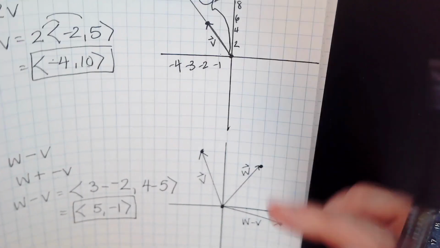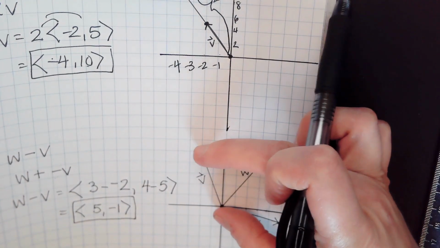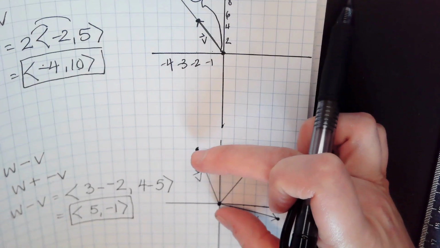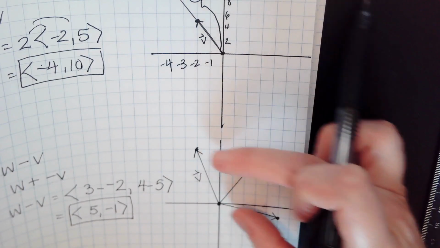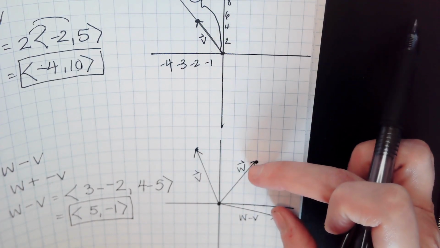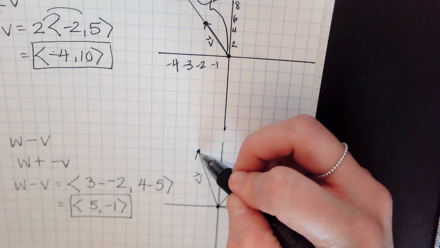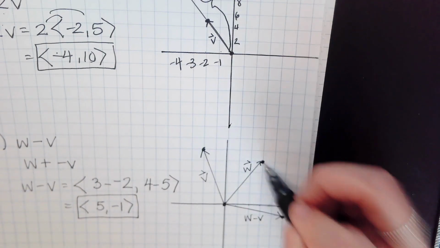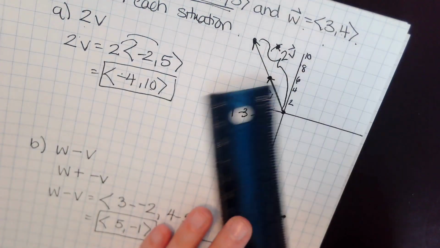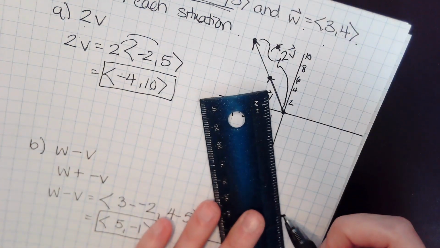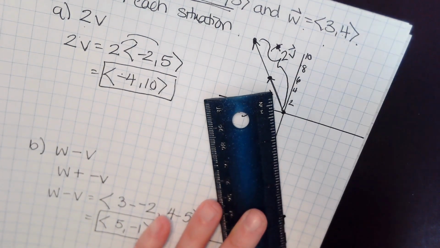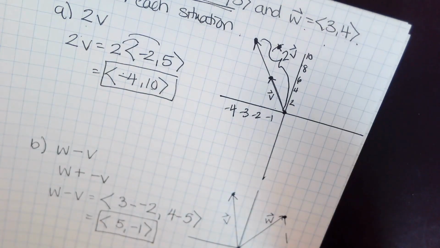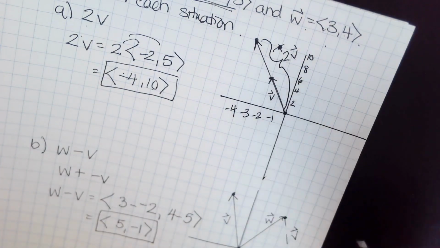So I'm going to take this vector V and move it over here so that its tail is at the tip of W. So I'm taking this whole thing and shifting it over, which should bring me right from here to here. So switch the direction, and that would become your vector V.